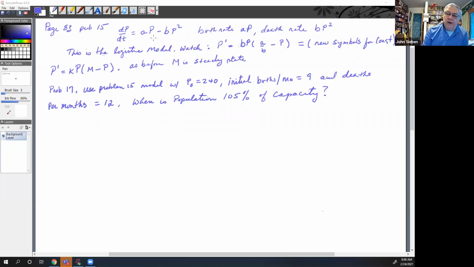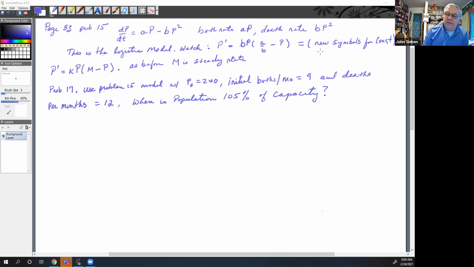I'm just going to use algebra on problem 15, so that P prime, and we're going to factor out of the equation we started with a B times P. That would be this B right here, the B times P. And if we do that, then the form is BP times the quantity A over B minus P.